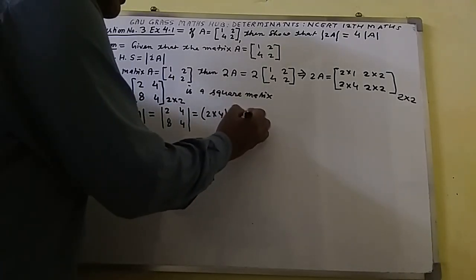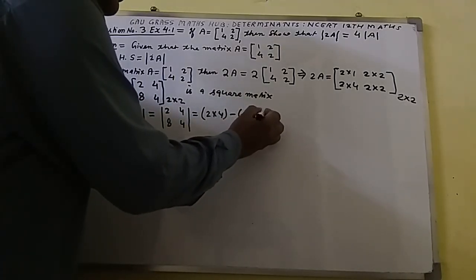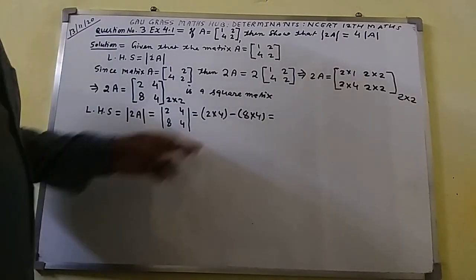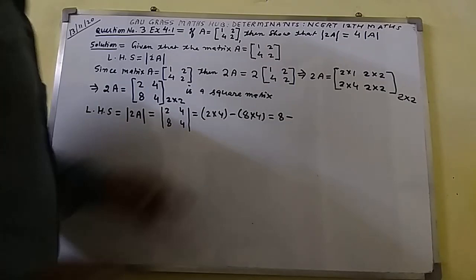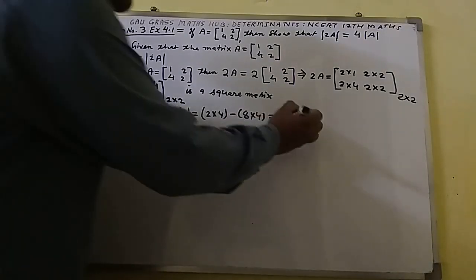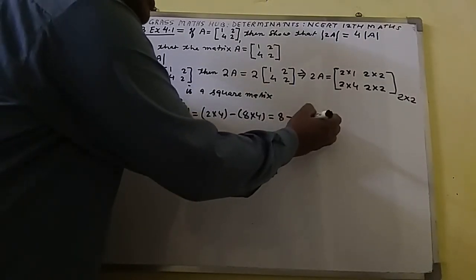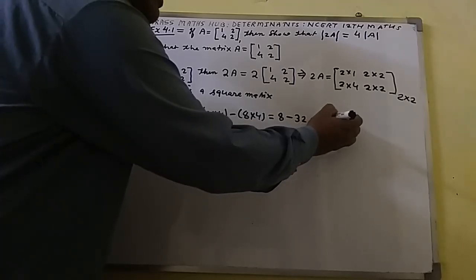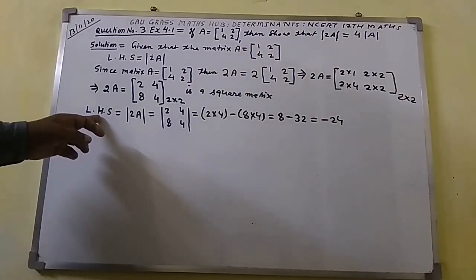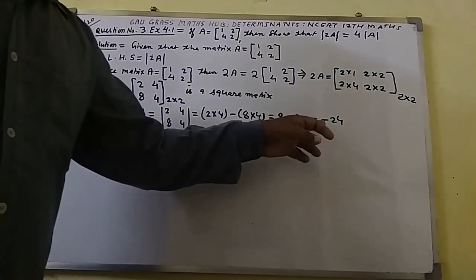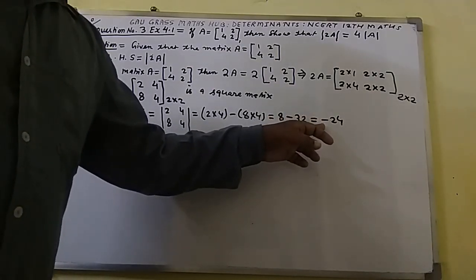So 2 times 4 is 8, minus 8 times 4 is 32. This comes out to minus 24. The value of LHS is minus 24.